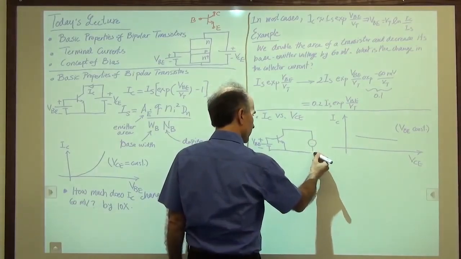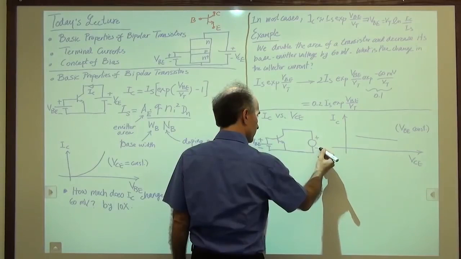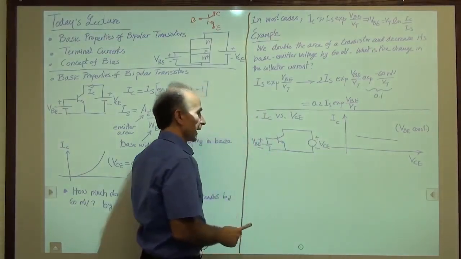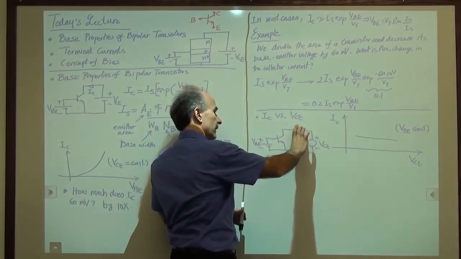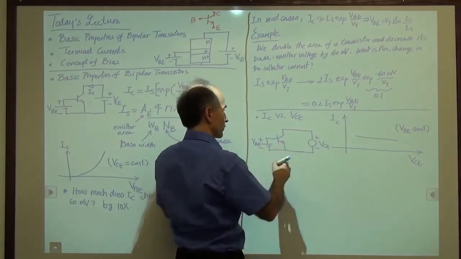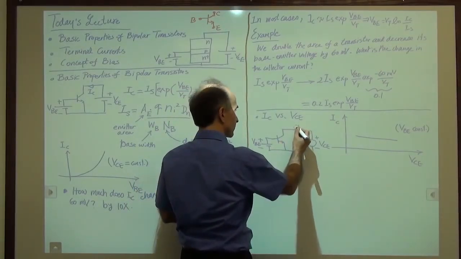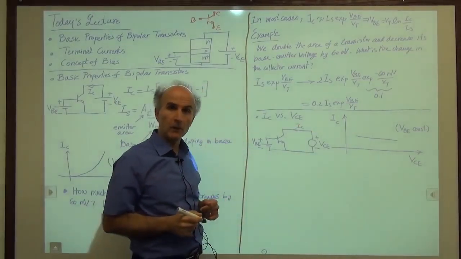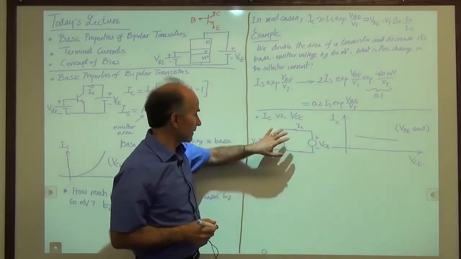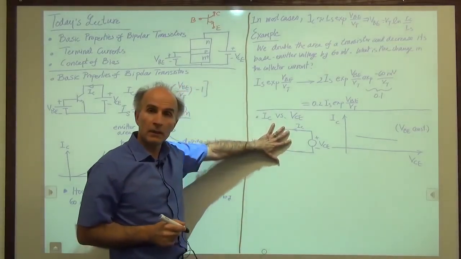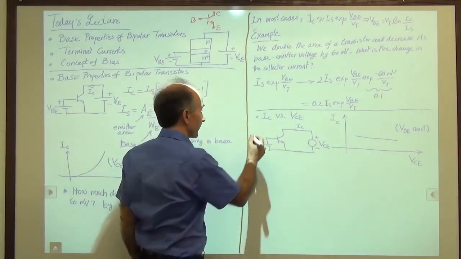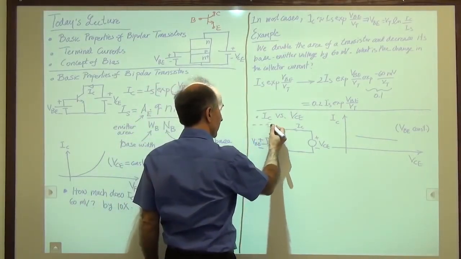So usually we draw variable voltages by a circle, so VCE. And as this variable voltage went up and down, this current didn't change. So this current is constant. So let's go ahead and place this whole circuitry inside a box.